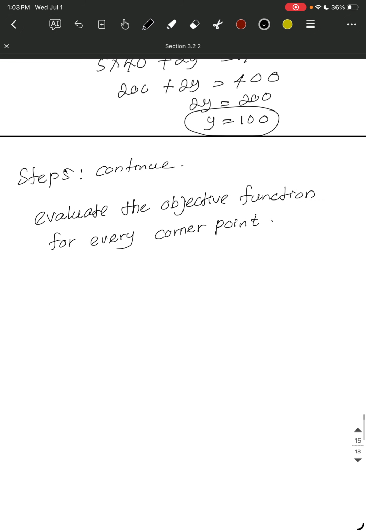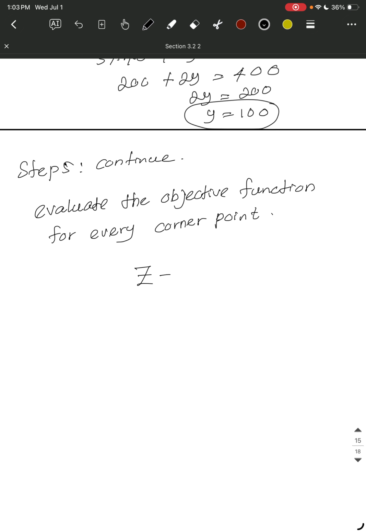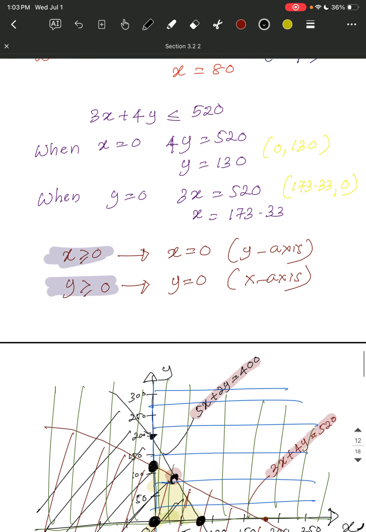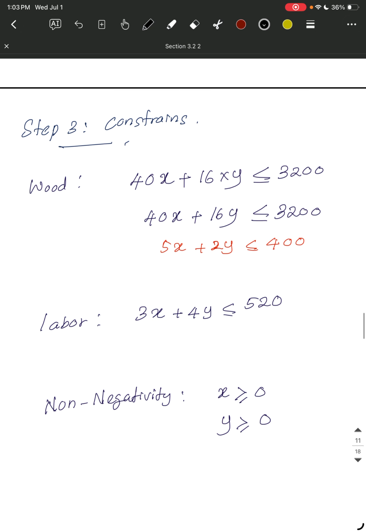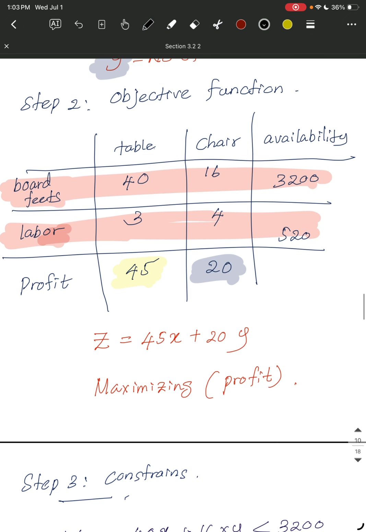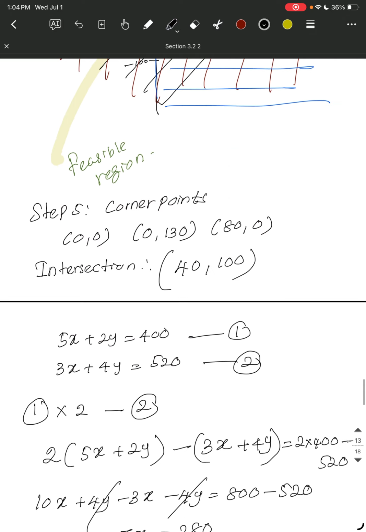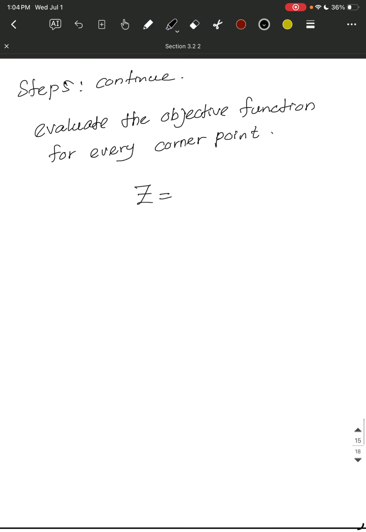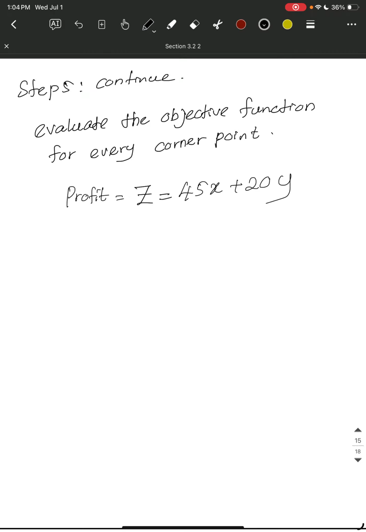So let's construct it. We have z equals 45x plus 20y, and that would be the profit function.